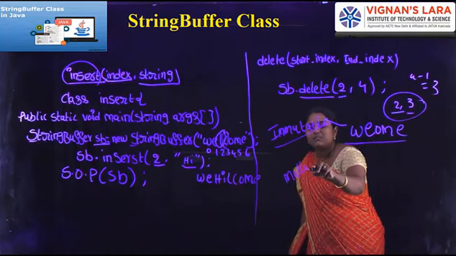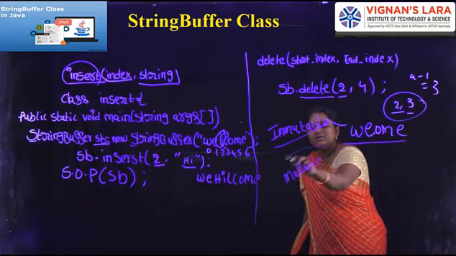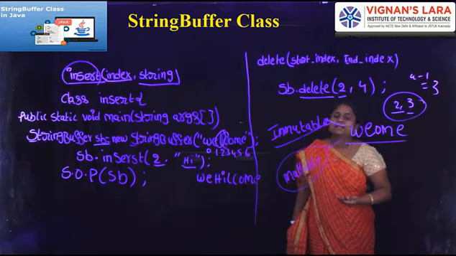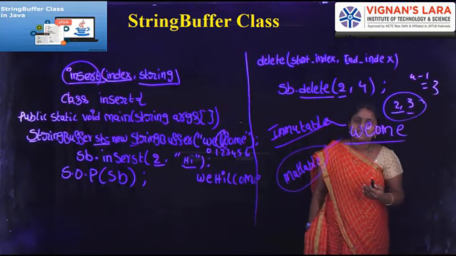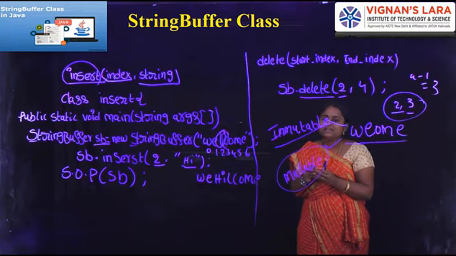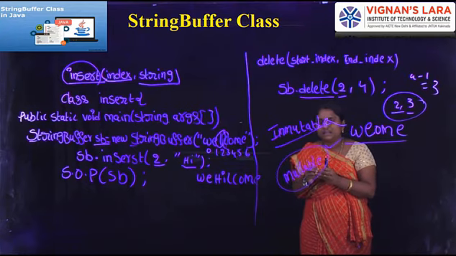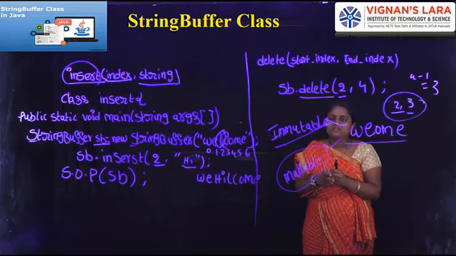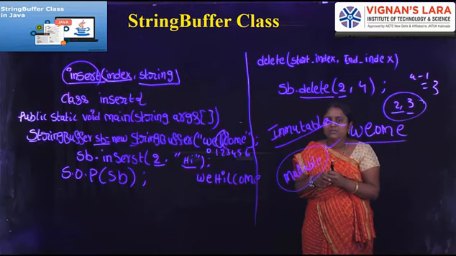Mutable means can modify. Once we create an object of the String class for representing a specific sequence of characters, the data present within the string object cannot change in any situation or condition, because String class objects are immutable.